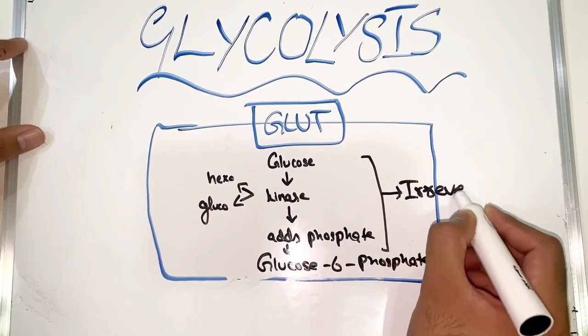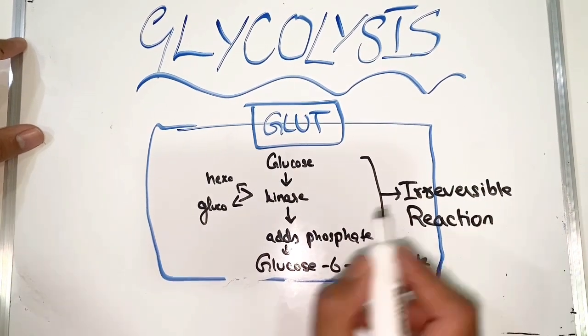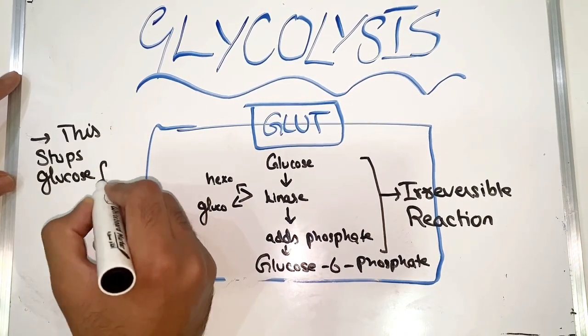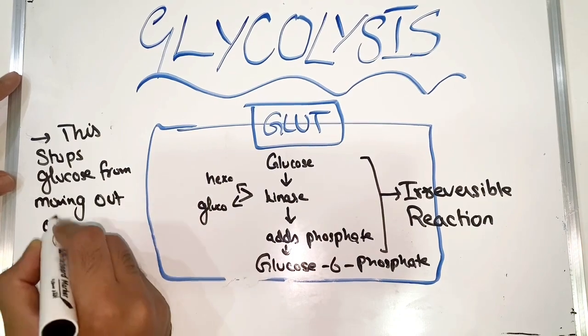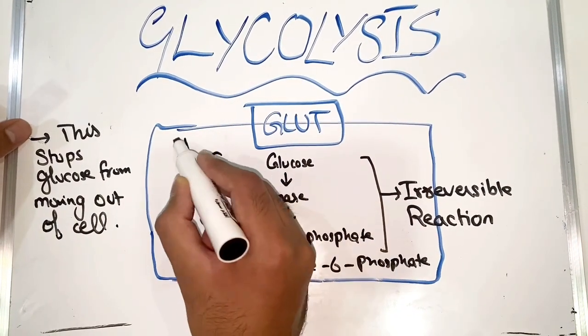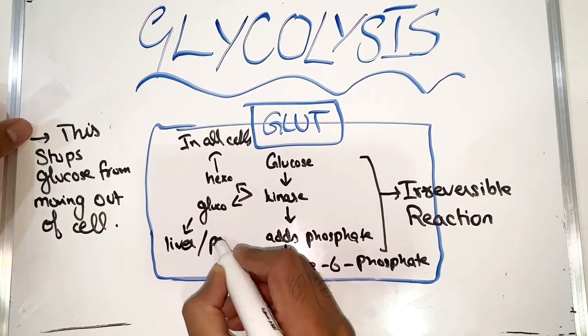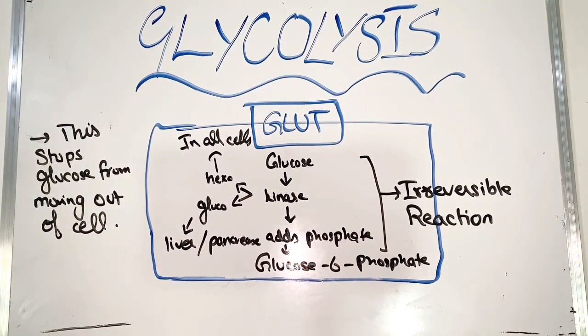This reaction is irreversible. And this happens so glucose does not move outside of the cell again to the bloodstream. Hexokinase is present in all cells, but glucokinase is only present in liver and pancreas. So hexokinase can convert glucose into glucose 6-phosphate in all cells.